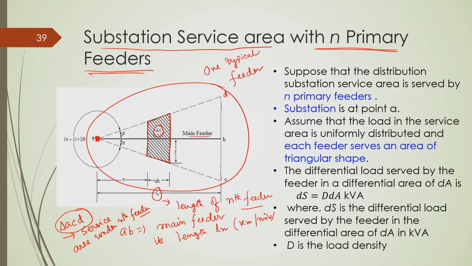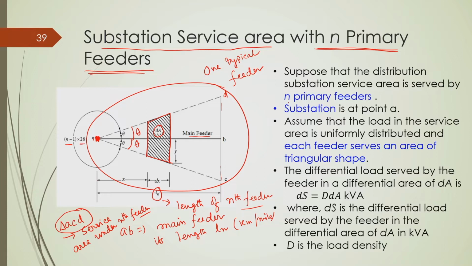And this angle, that means this CAB, is theta as given, and of course, by symmetry that angle, DAB, will also be theta. Which constitutes the total angle DAC as 2 theta. And since it is the nth feeder, we have n minus 1 other feeders, each having maybe this 2 theta angle.